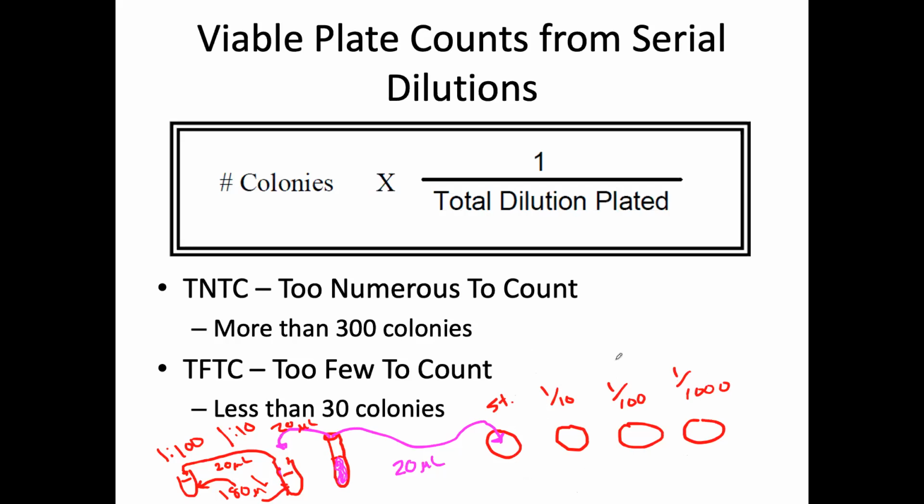Then you'd let them grow. So you're going to plate, plate, plate, plate. Same volume, but of dilutions here. You're going to grow them overnight at 37, because it's body temperature.